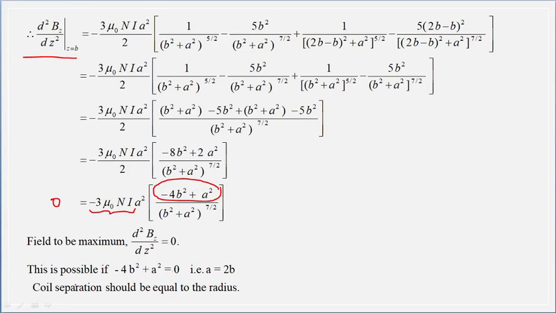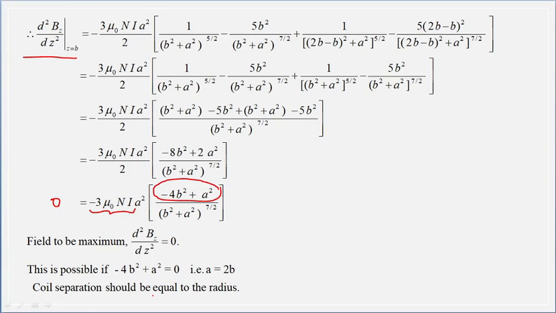So that means the coil separation should be equal to the radius. So the field at that midpoint between the two coils is maximum when the coil is separated by a distance equal to the radius. And this is what we have used for the practicals. We are keeping the two coils separated by a distance equal to the radius.